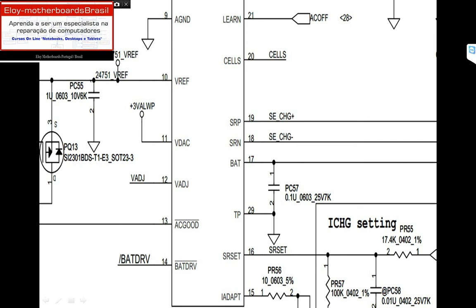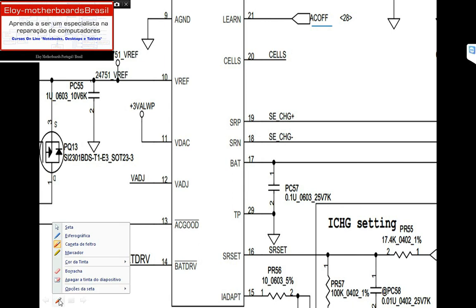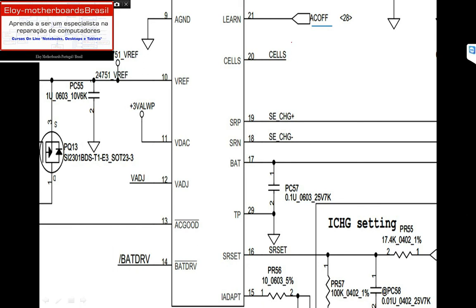So when this signal named AC off, AC from the DC jack, is present on pin 21 right here, let me just show you. I'm changing color because this blue is very white. That's why I use red, because I can see it better. This pin 21 is AC off.